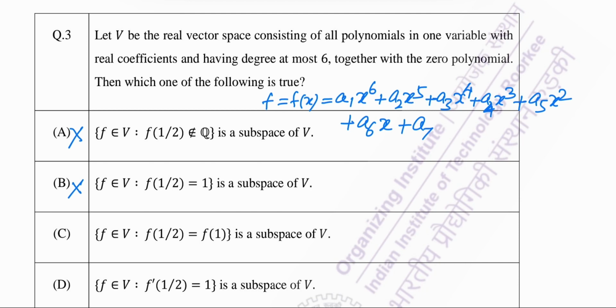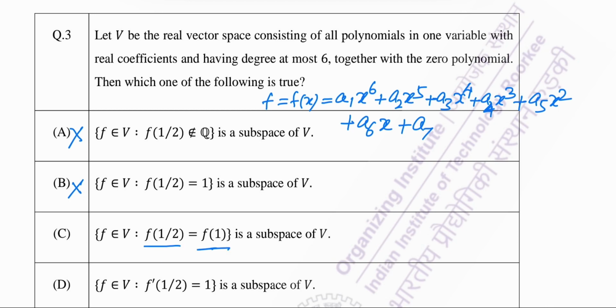so here it is given that f(1/2), you know the vector space V will have many members, and among those members you have to take those members which satisfy this relation, and from those members you have to make a subset. And here this option C says that that subset is a subspace. We have to check whether it is true or false.